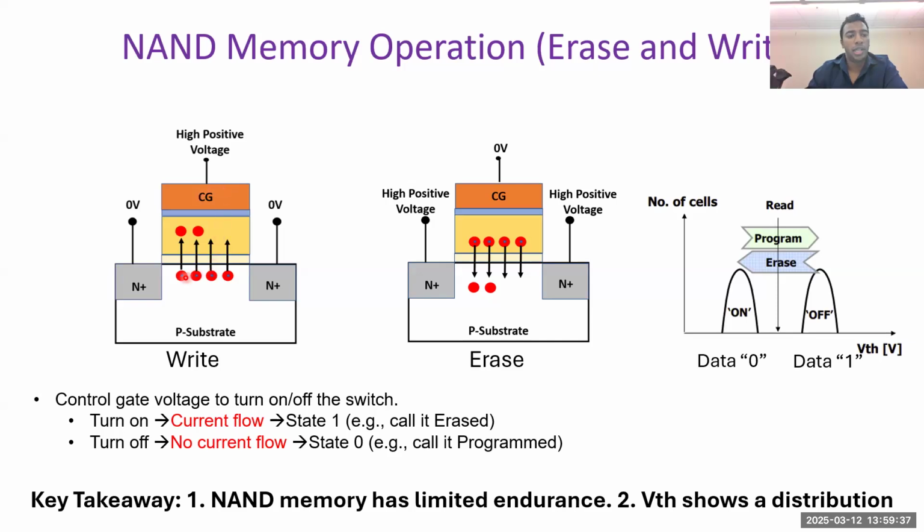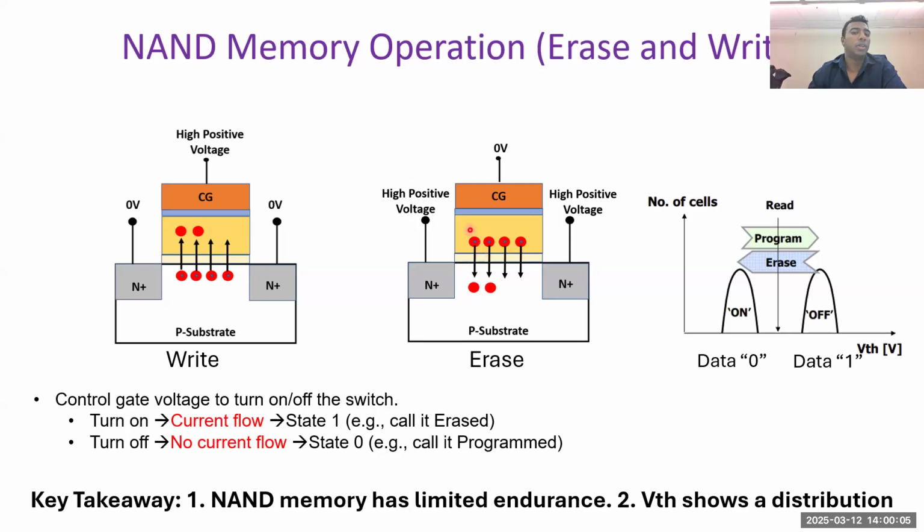And that will force the electrons in the channel to jump into the floating gate and be trapped there. Now, the threshold voltage of this MOSFET has increased because there are more electrons here. And there will not be any current flowing through it if we apply a voltage between the on and off state, basically. So that is how we write the cell.